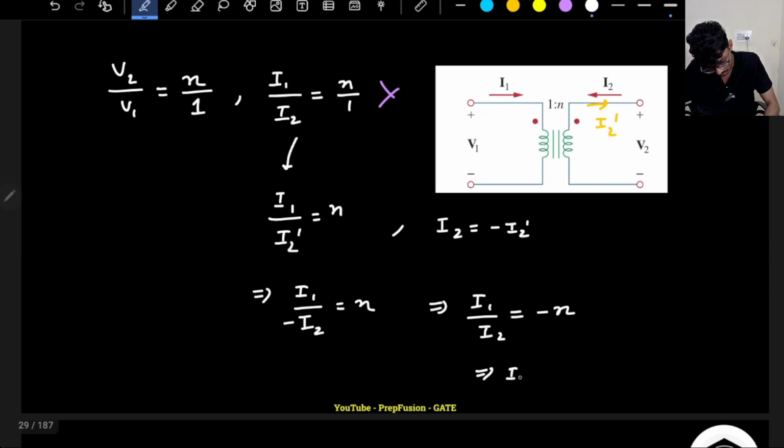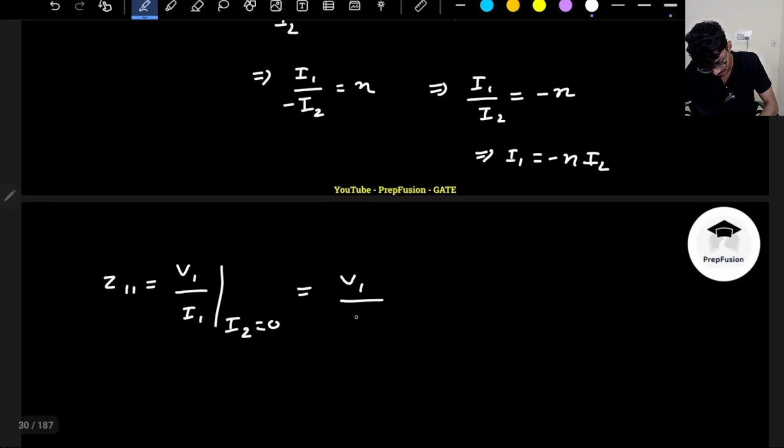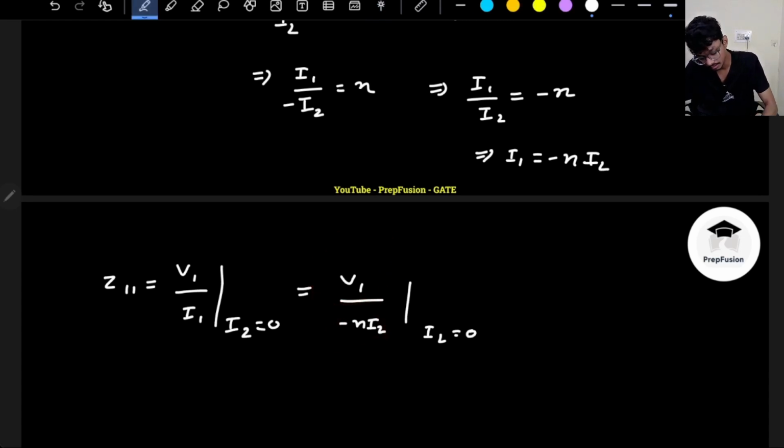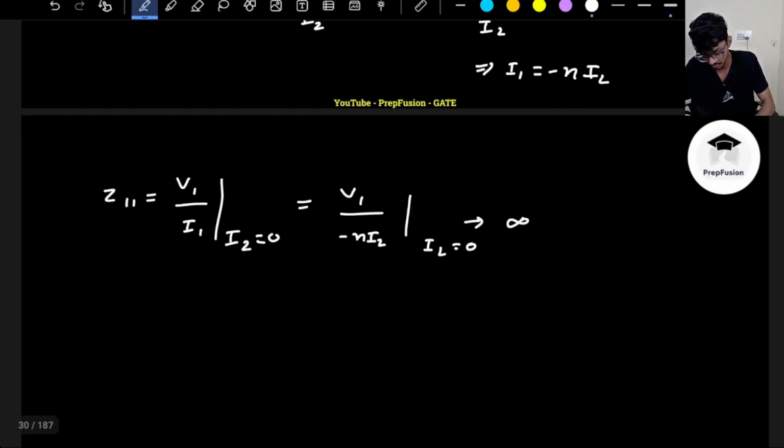I1 is actually minus N of I2. So I can replace it with minus N of I2, and in the equation I have to put I2 equal to 0. So V1 will be some finite value. Finite upon 0 will yield my Z11 to be infinity. Okay, so something is fishy here, something is wrong.